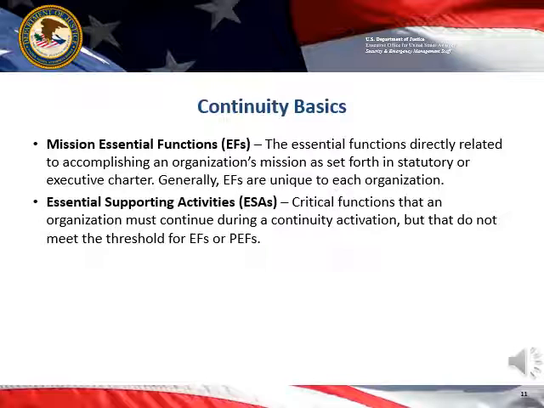Mission essential functions are an organization's mission outlined in statutory or executive charter and unique to each organization. Essential supporting activities are critical functions that an organization must continue during a continuity activation, but that do not meet the threshold for designation as an essential function or a primary mission essential function.